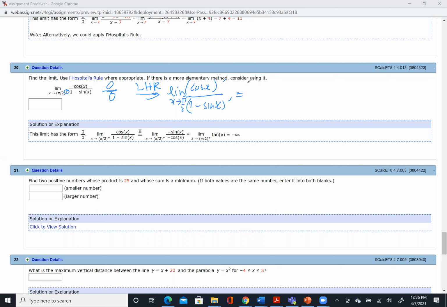Now taking the derivative, the top one will be negative sine x. What about the bottom? Negative of cosine x.